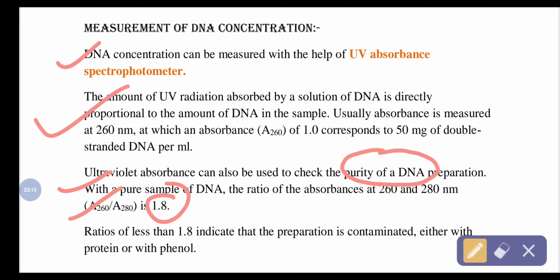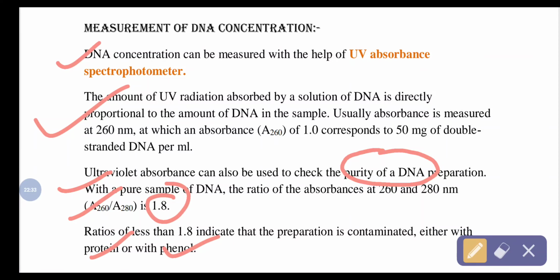If the ratio of the absorbance at 260 and 280 nanometers is less than 1.8, then your DNA contains impurities, and those impurities could be protein or phenol.